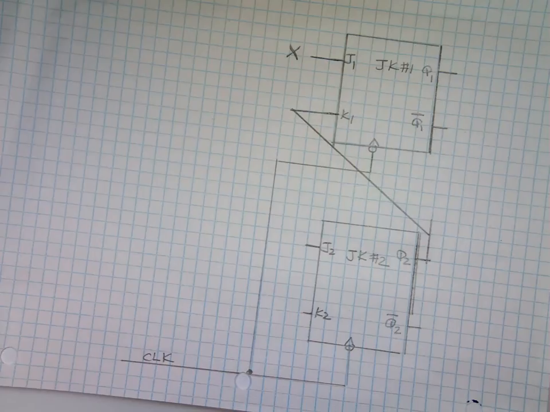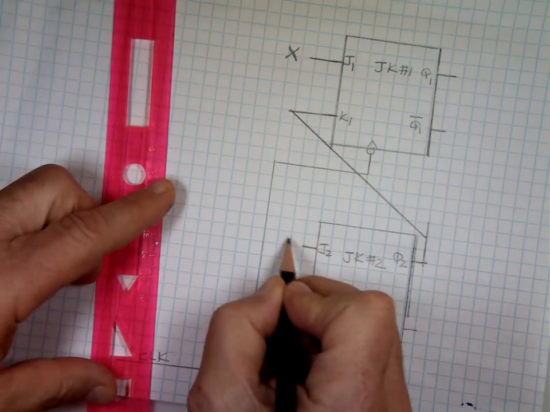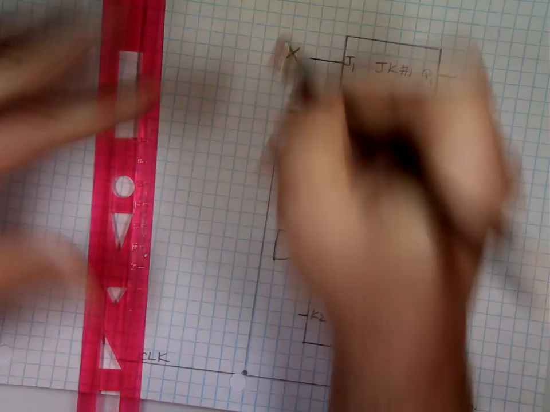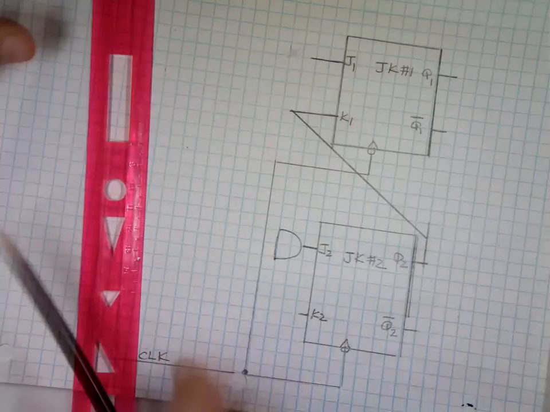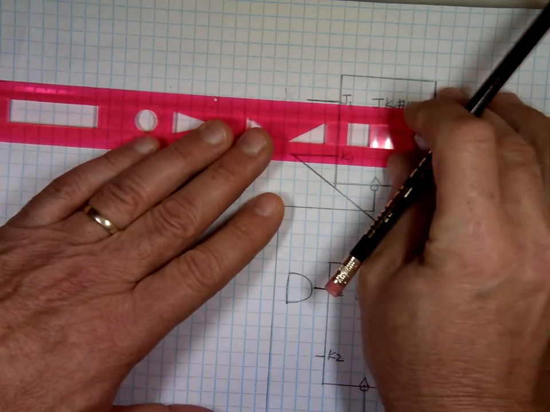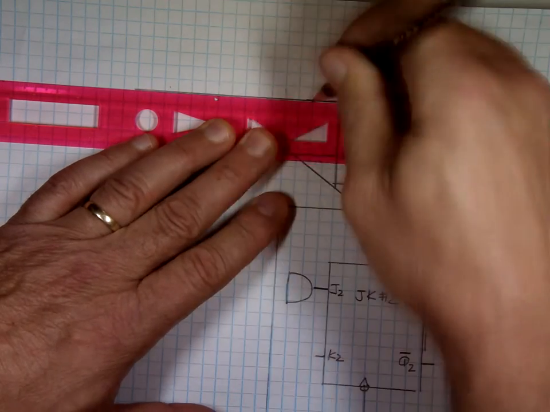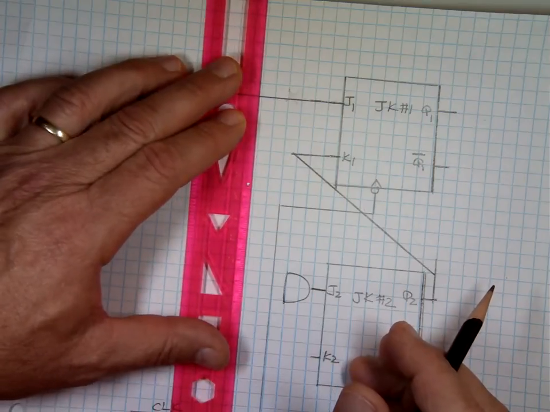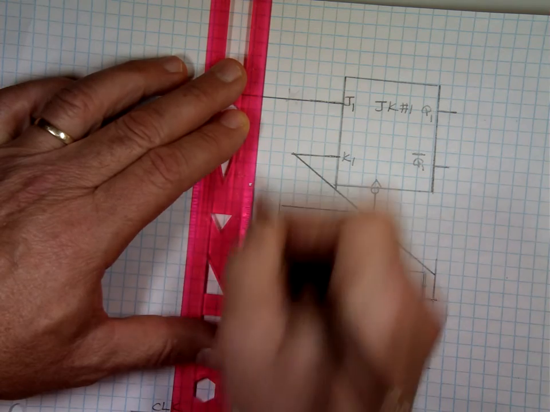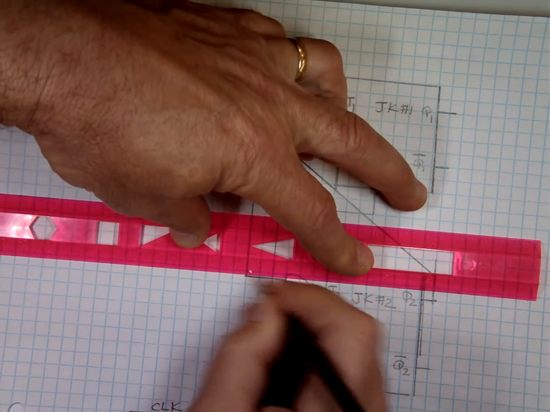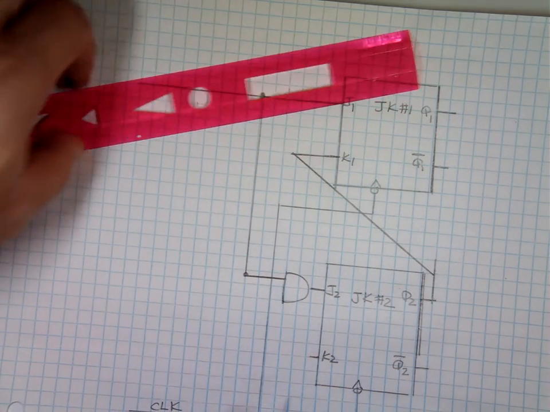J2 has to be an AND gate with Q1 and X. Let me push it back just a little bit, the X. So you're going to take an input from here, right there, feed it through this, and the other one from Q1.